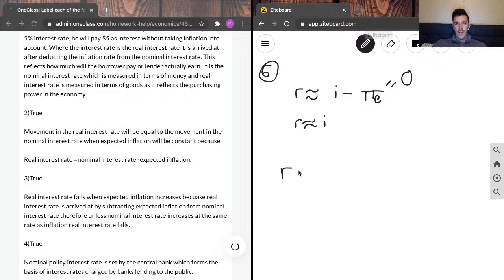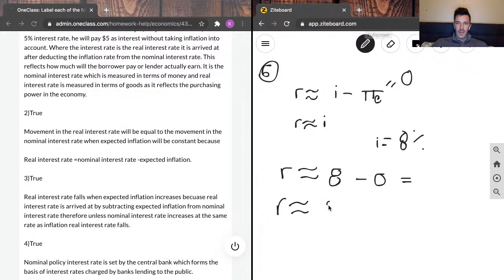So two scenarios. We'll say that in this case, the nominal interest rate i equals 8%. In scenario 1, expected inflation is 0. In scenario 2, expected inflation is 5%.